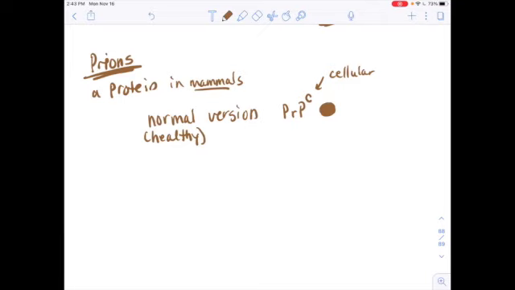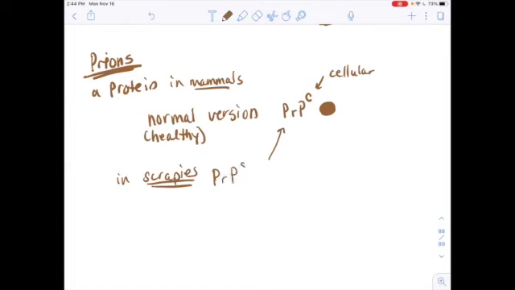There exists a version of it in what's called scabies. There's a disease called scabies in cattle and sheep that looks exactly like the normal prion protein, but with a couple of differences. So for this prion protein, we're going to put SC, and this stands for scabies.